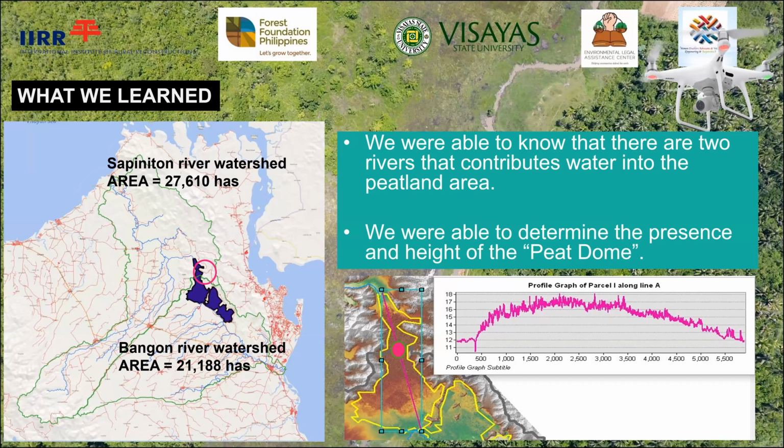And from the drone image also, we were able to pinpoint the sources of water, or the creeks, that contribute water to these 3 physical barriers, such that the peat soil development will be enhanced.